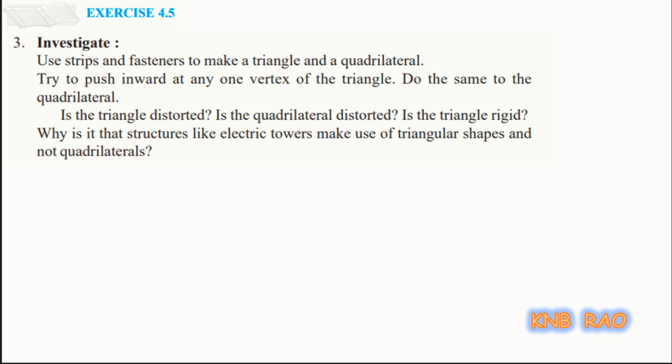Do the same to the quadrilateral. Is the triangle distorted? Is the quadrilateral distorted? Is the triangle rigid? If so, why? Why is it that structures like electric towers make use of triangular shapes only, not the quadrilaterals?